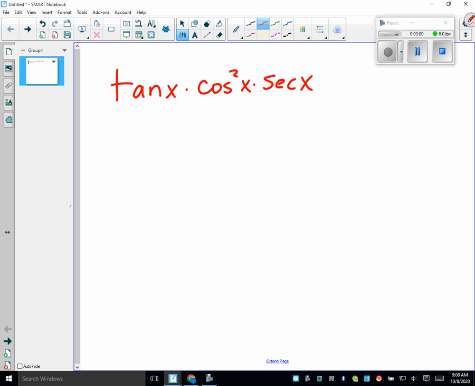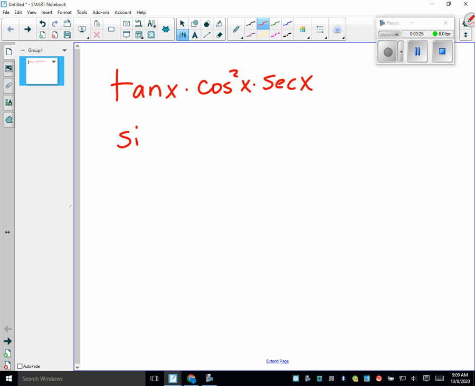Is there anything here I can cancel out? Nothing cancels, does it? So can I change everything to sine and cosine, using what we put on the board yesterday? That's all you're using. Now, tell me what I changed tangent to. Do you all agree? Okay.